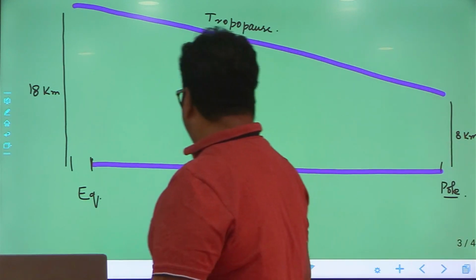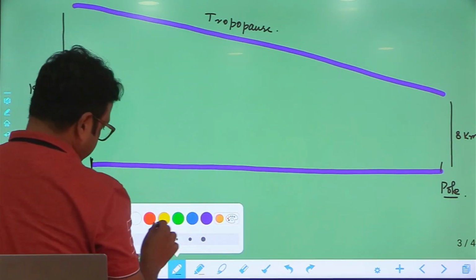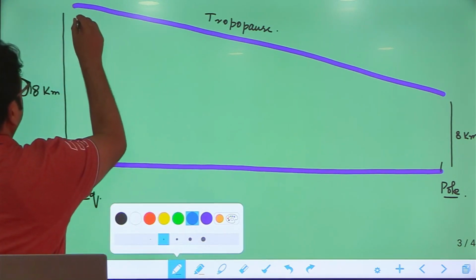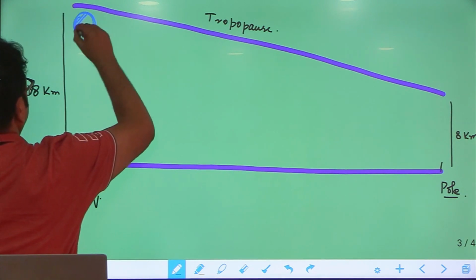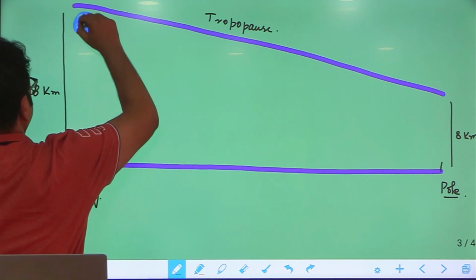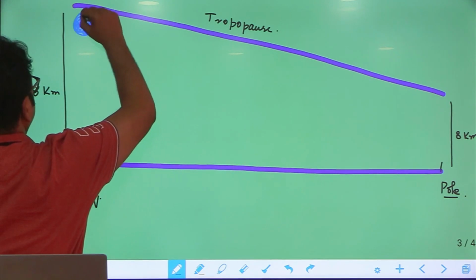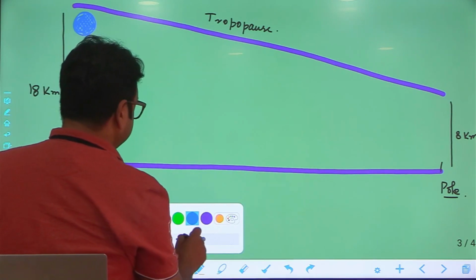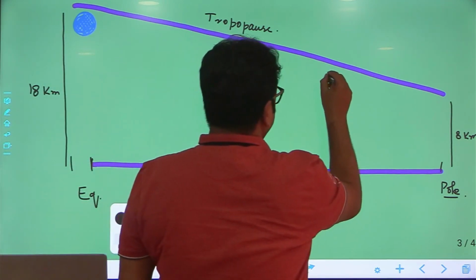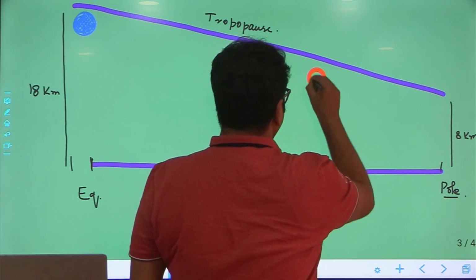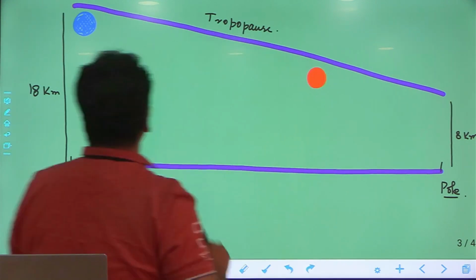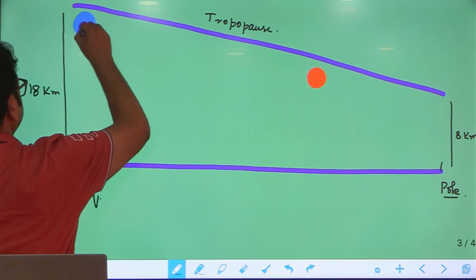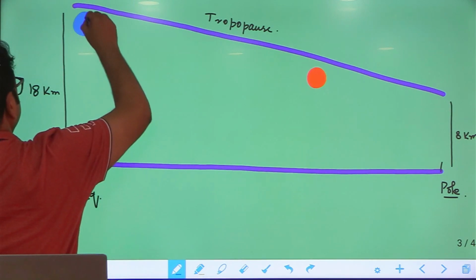I told you that some air mass was left near the equatorial low pressure belt, because there was convergence of air and rising air left some air mass, and some air mass is left over near the subpolar high pressure belt. How this leftover air mass constitutes jet streams, let me explain.